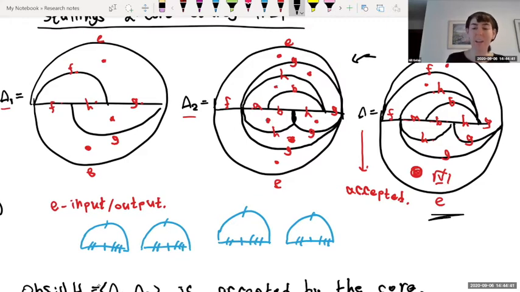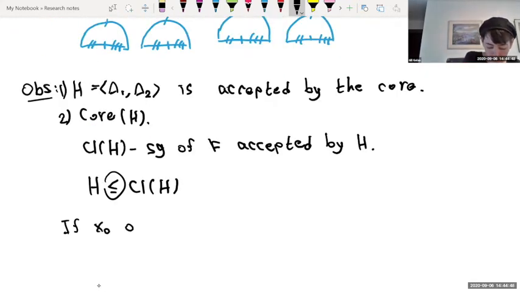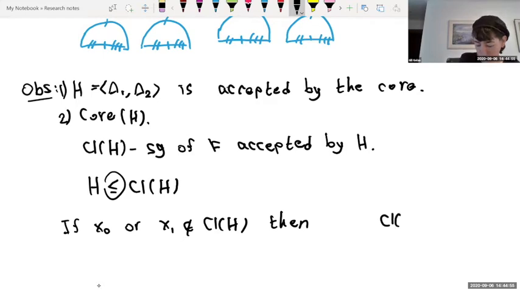We have to check if it is accepted by the core of H. So in particular, if at least one of the generators, x0 or x1, is not accepted by the closure of H, then the closure of H is a proper subgroup of F, and so in particular, H is also going to be a proper subgroup of F. So it gives us a partial solution to our problem. If we have a subgroup H and we manage to prove that either x0 or x1 is not contained in the closure of H, then H must be a proper subgroup of F.